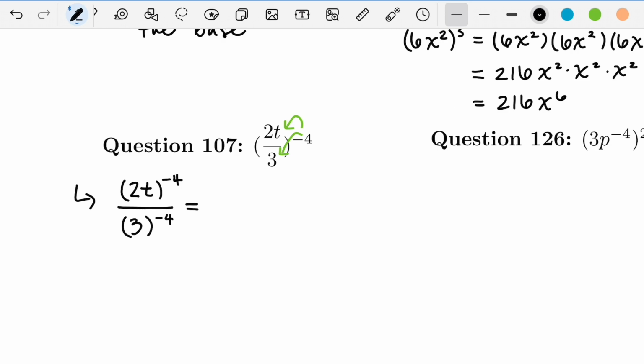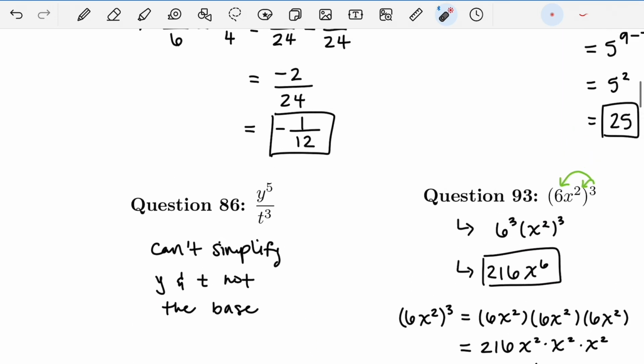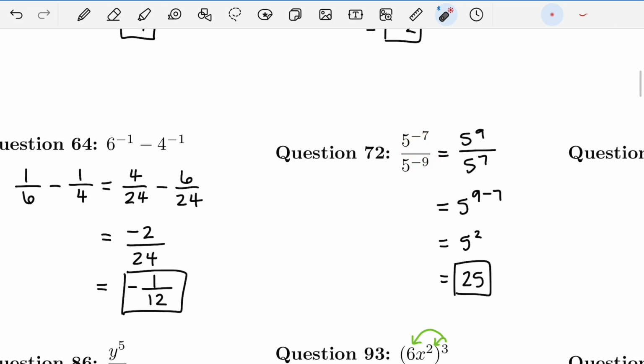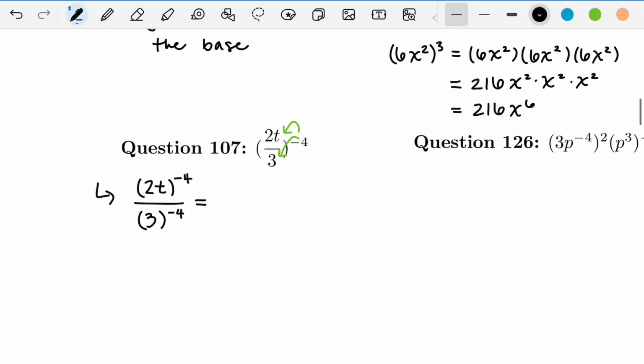Now, the first thing when we have these negative exponents that we want to do is rewrite them with positive exponents. Well, we saw in example 72 here that if we have negative exponents in the top and bottom of our fraction, then this is the same as the reciprocal of it with positive exponents. So we're going to rewrite this as 3 to the fourth power over 2t to the fourth power.